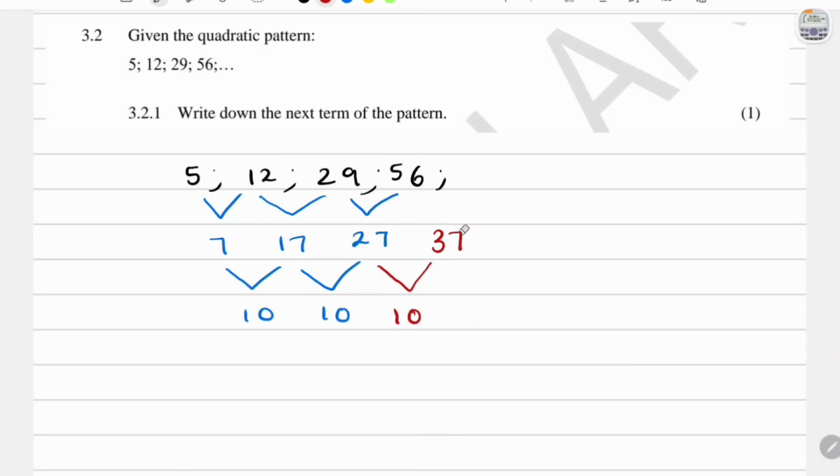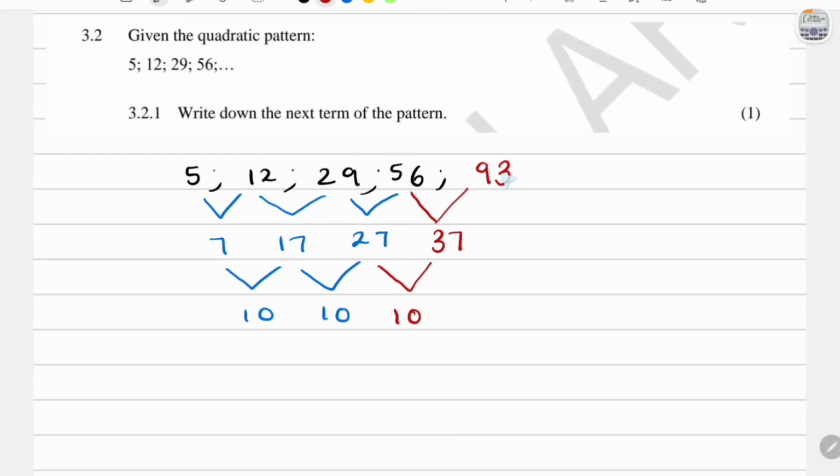And now that we know the 4th term of the first difference, we'll be able to find the 5th term of the quadratic pattern by saying the next term, and then this is positive, so plus 37. 56 plus 37, that's 80. That is a 10 and a 3 left, so 93.